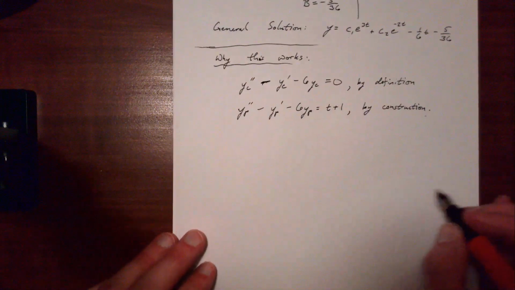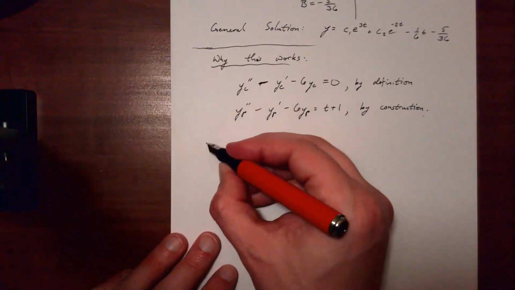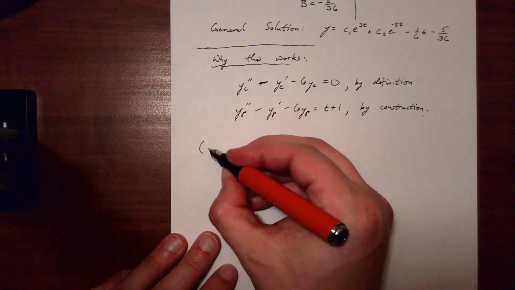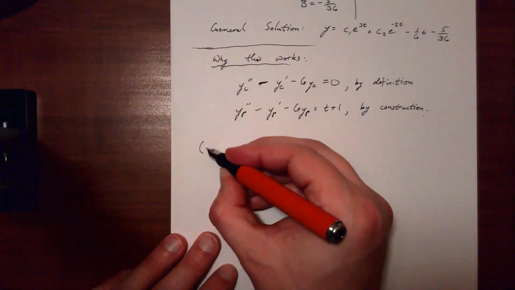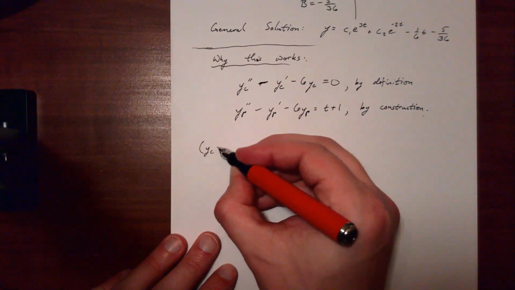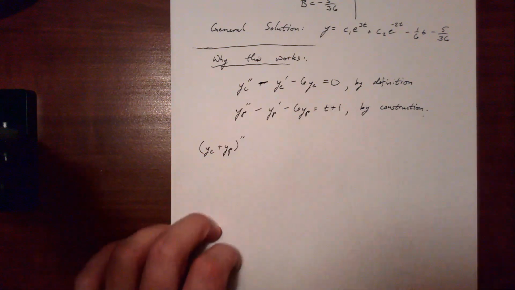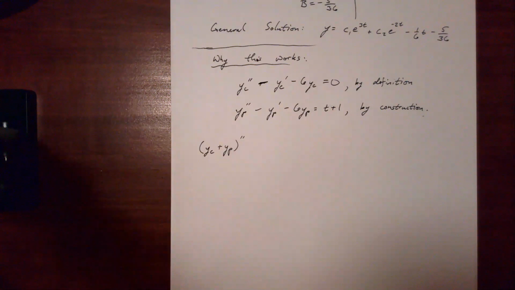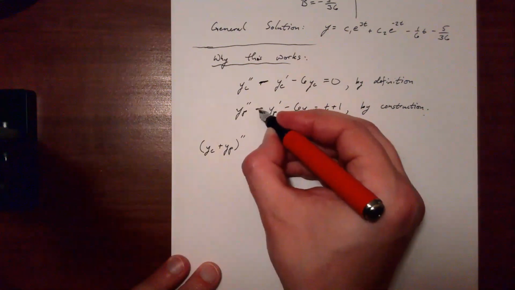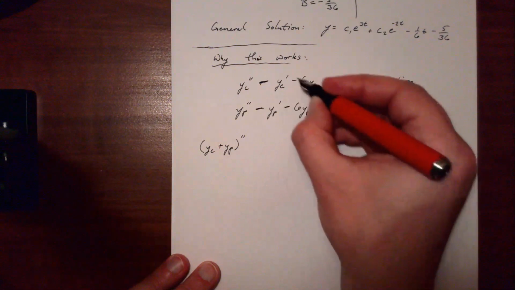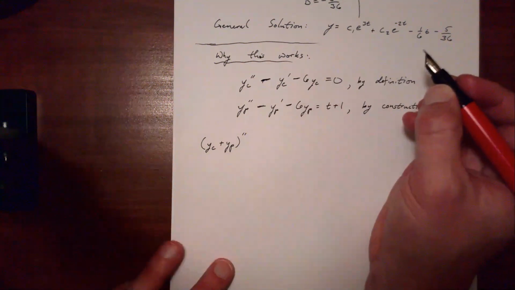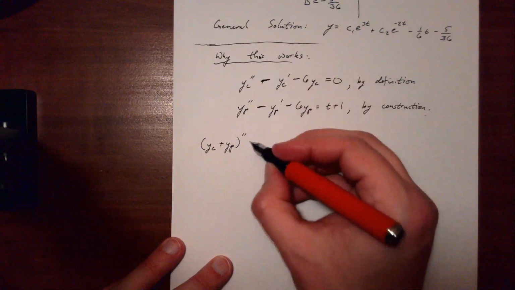And so then, if I were to take them and add them together, I'd have yc plus yp, second derivative of that. Because the derivative, if you remember, is linear in the sense that if you add together two derivatives, it's the same as the derivative of the sum. And same thing if it's negative.